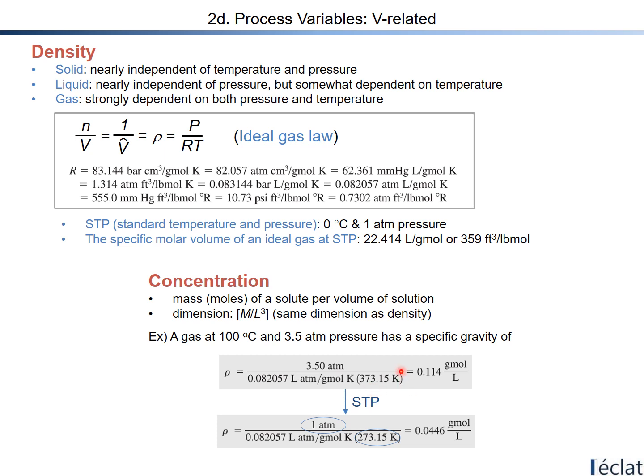Temperature should be inputted in the unit of Kelvin, not Celsius degree, as you know. Then the answer. At STP, you should change the value of pressure and temperature to 1 atm and 0 Celsius degree.